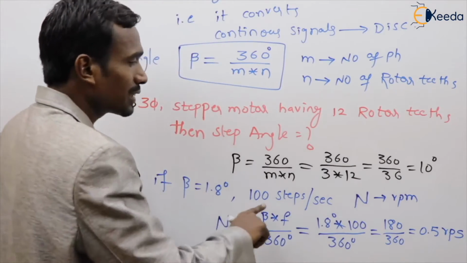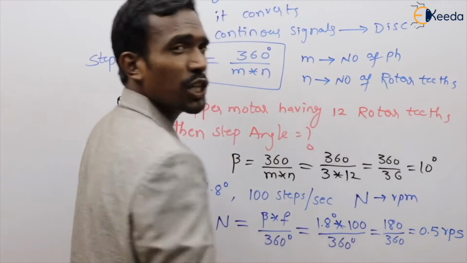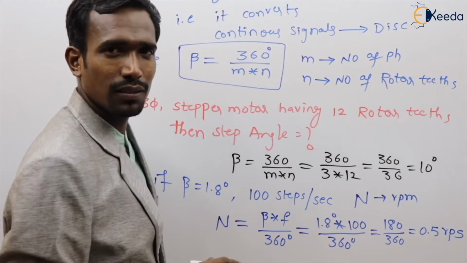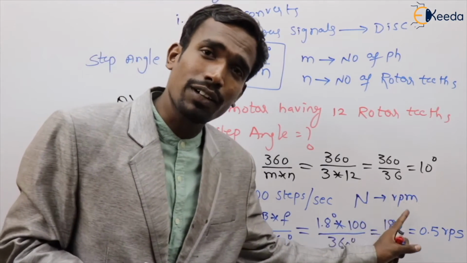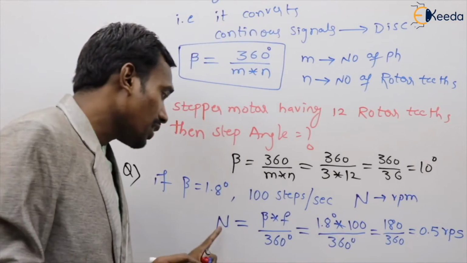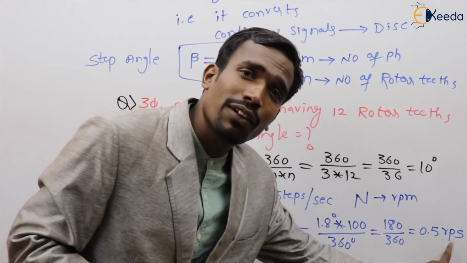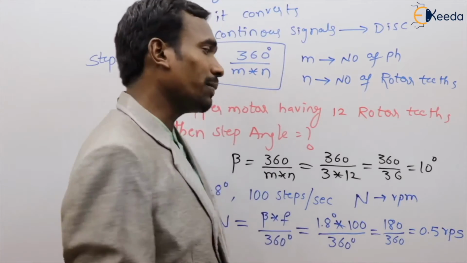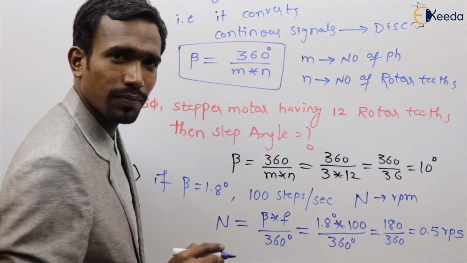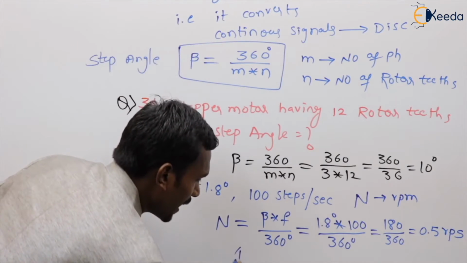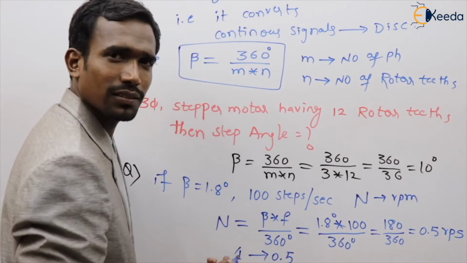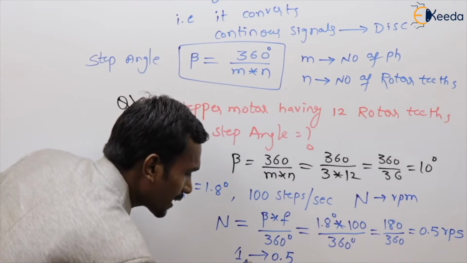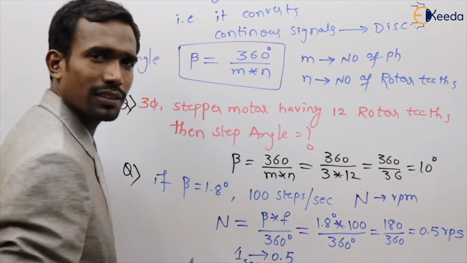But my question is, what is the speed in revolutions per minute? The n is 0.5 revolutions per second. Now can you tell me the answer in RPM? For 1 second, 0.5 revolutions.